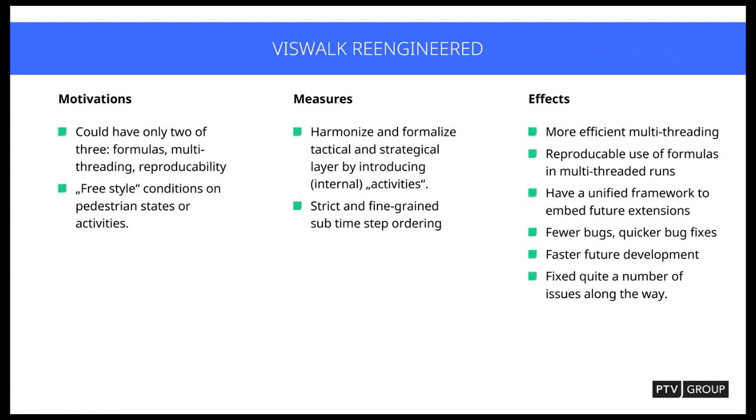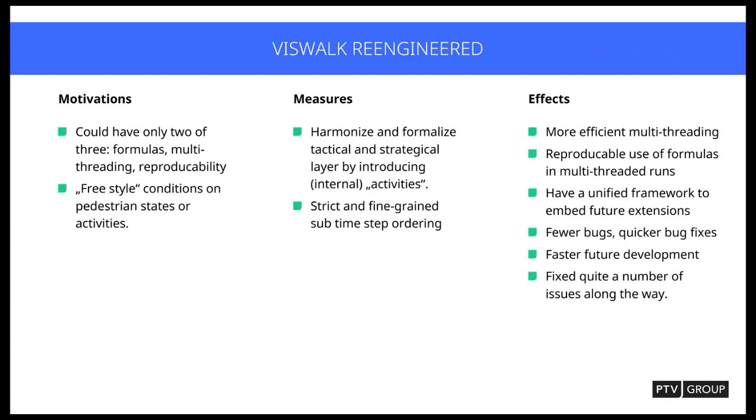There were many triggers, many motivations. I'm stating here just two of them because they are very concrete. Maybe you remember that a couple of years ago we introduced formulas and then user-defined attributes and attribute modifications and attribute decisions.